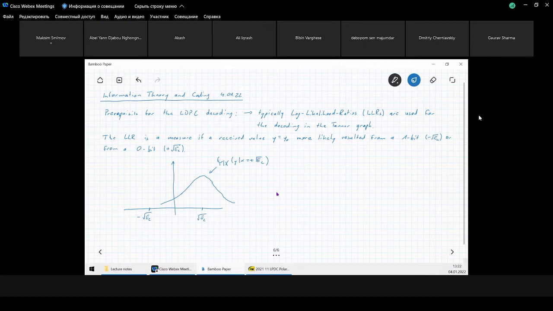And of course, we have a second distribution, the conditional distribution if minus square root EC is transmitted. This will be Fy, the distribution of the received values given the transmitted values, for the case the transmitted value was minus square root EC.